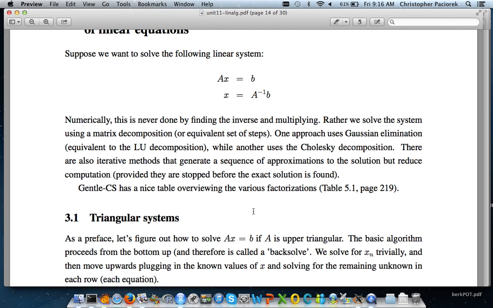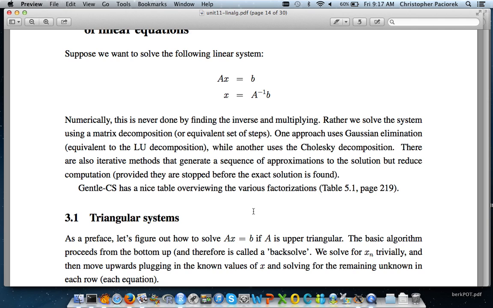I'm probably going to mess up the indices at some point here, but we end up with xn minus 1 equals bn minus 1 minus an minus 1 comma n xn over an minus 1 comma n minus 1. And we can proceed in similar fashion as we find the x's here.